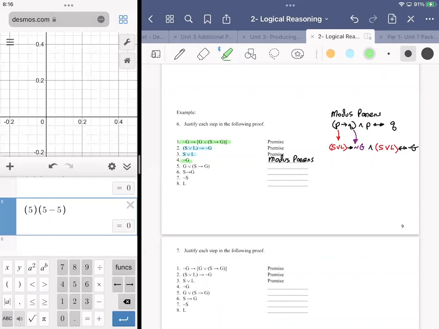So it follows logically that all that other stuff would also be true, also by modus ponens. And all of this other stuff would be true, and that's what we have in 5, so also true by modus ponens.